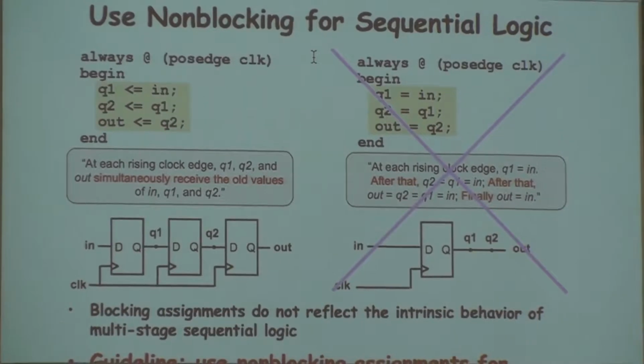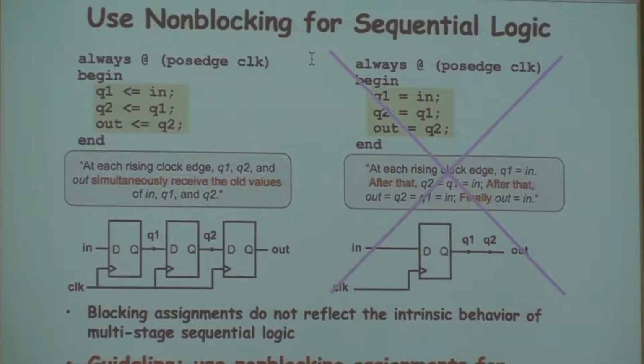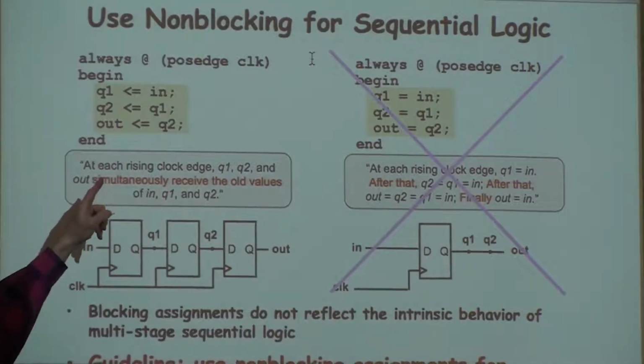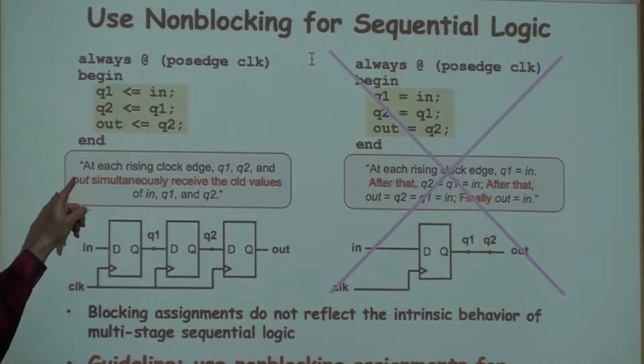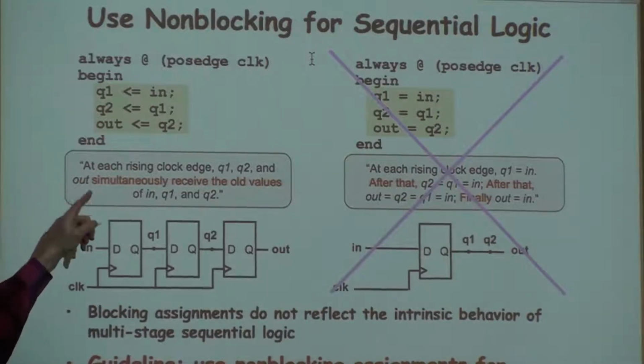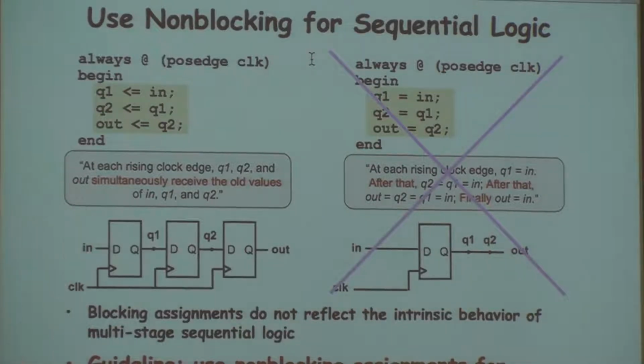And we write it by saying always at posedge clock begin, Q1 gets the value of in, Q2 gets the value of Q1, out gets the value of Q2. Non-blocking means that all of those assigns happen at the same instant. So there is no dependency between them. They all shift their right side into their left side.